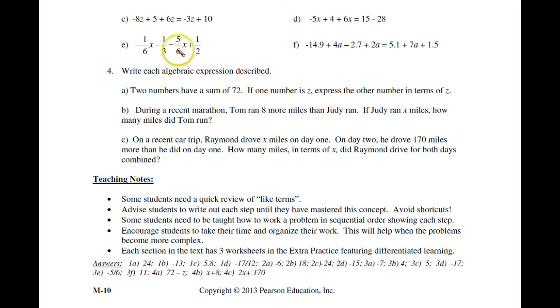Now the rule is multiply each term in your equation by the least common denominator. So right now our denominators are 6, 3, another 6, and a 2. So what would be a number that would be the least common denominator of all of these? And the answer is 6.